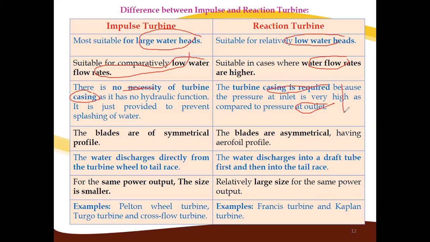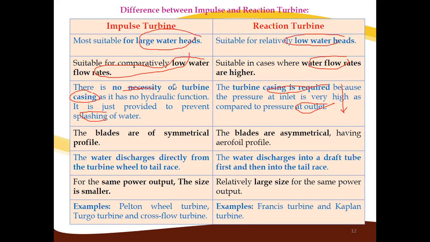So pressure is decreasing from inlet to outlet. A casing is provided in an impulse turbine only to prevent splashing of water. That is the function of the casing in an impulse turbine.